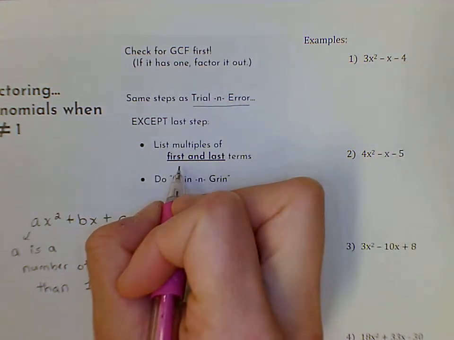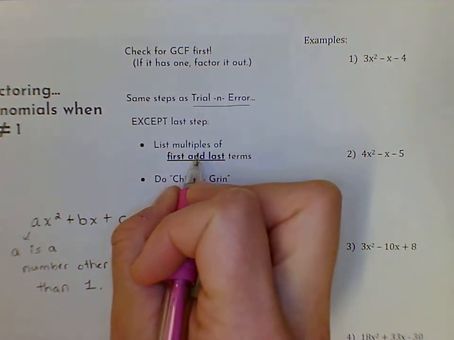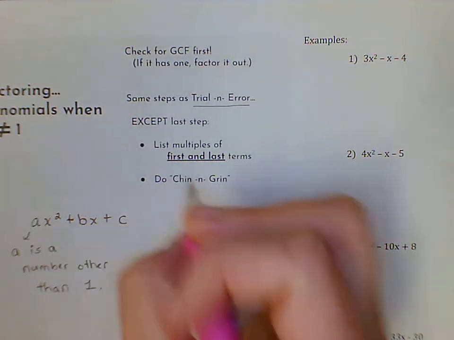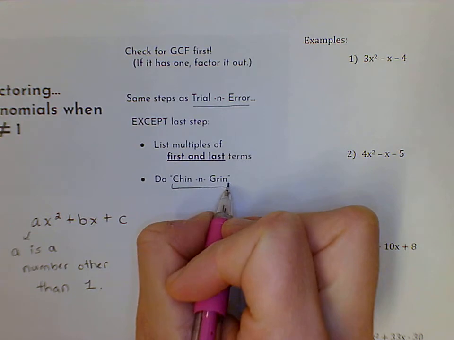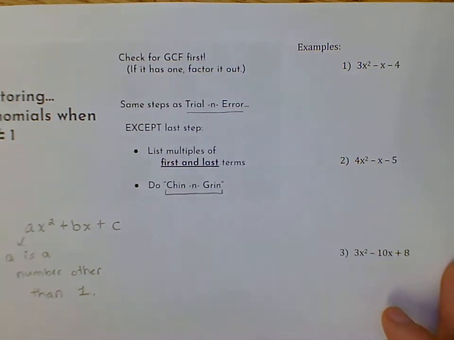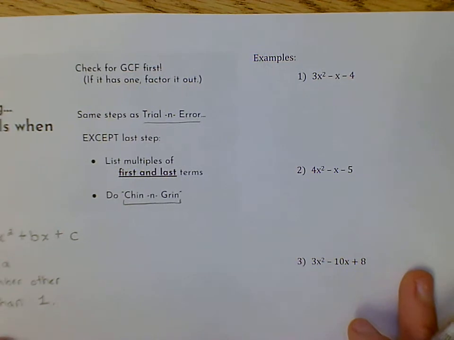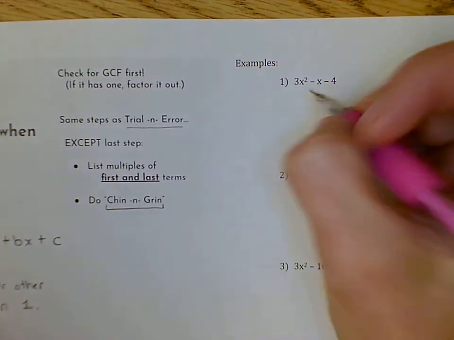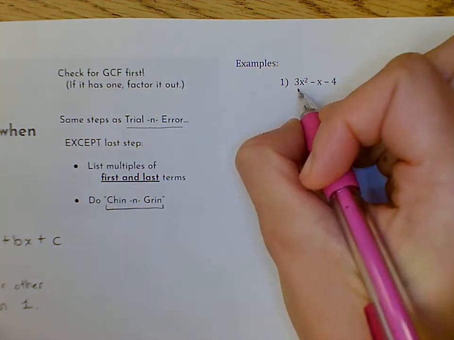And so to do that, you're going to start by listing out what multiplies to give you the first and the last terms. And then you have to do what I call chin and grin, which is just a special way to remember, helping you reason through it. Okay, so the best way that I can explain this is with examples, so we're going to go ahead and do some examples.